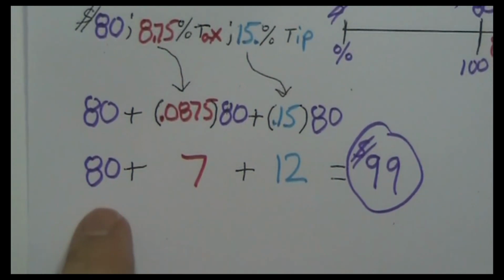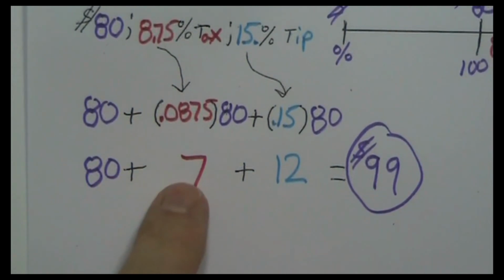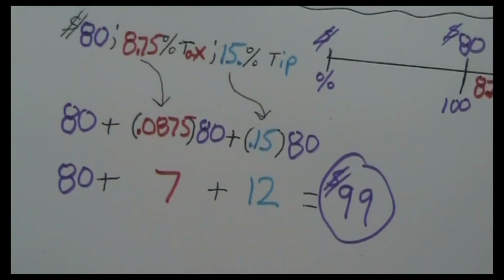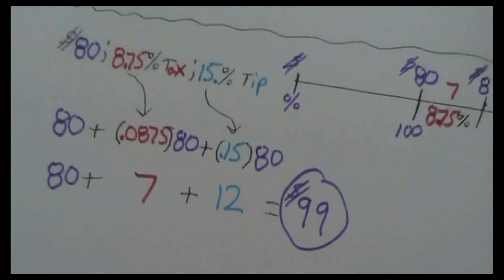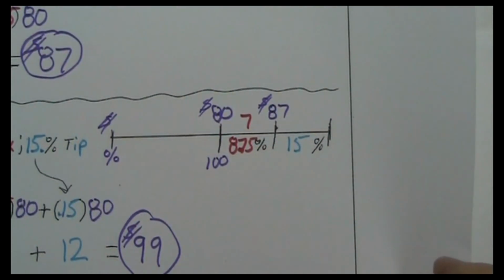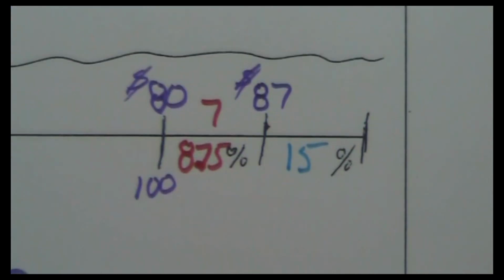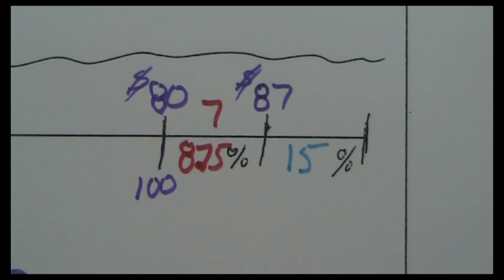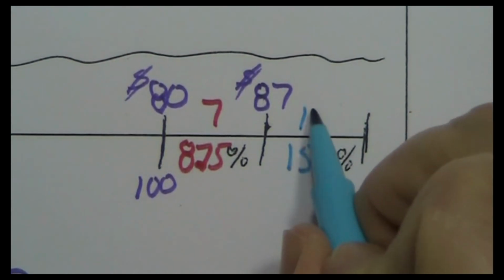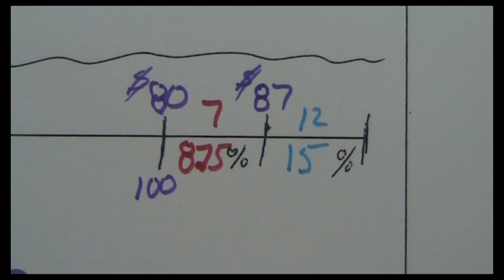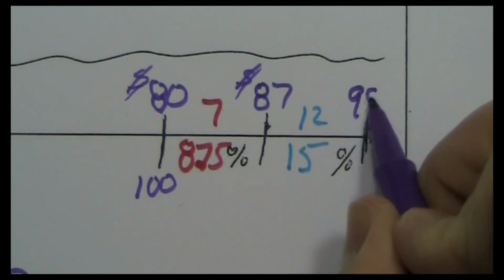And the tip is always on the amount. It's not on the taxes. It's only on the amount of what was bought. Okay, so going to the model, another 15%, that was $12. And so it was a total of $99.